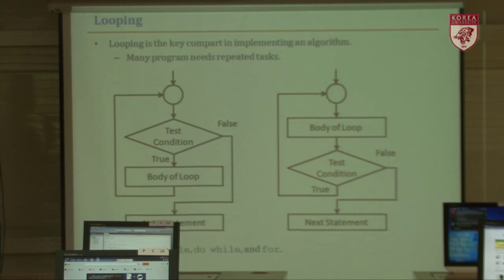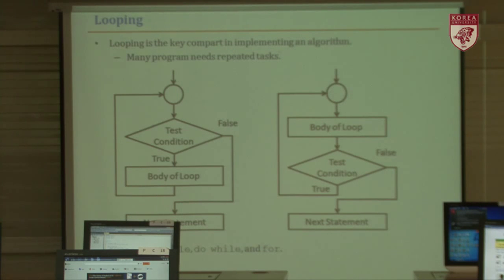Similar to branching, looping is a key component of implementing an algorithm because many programs need some repeated task. For example, we test something. If this condition is satisfied, we do something. Then it goes back to the first step and tests this condition again.